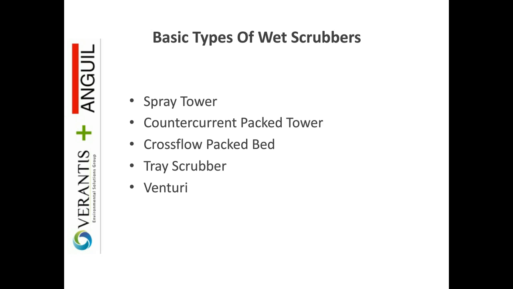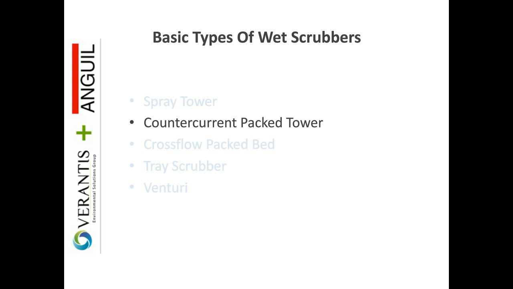They are widely applied. But what we're going to talk about in a moment here is really just the countercurrent PAC tower. It's got excellent gas removal capabilities, compact footprint, and fits very well with the types of off-gas that come from a thermal oxidation system.